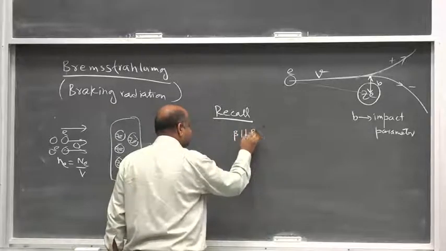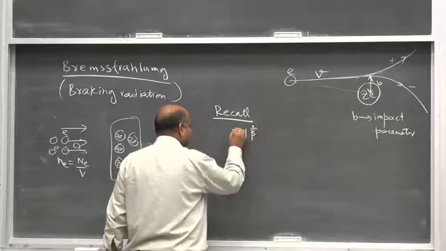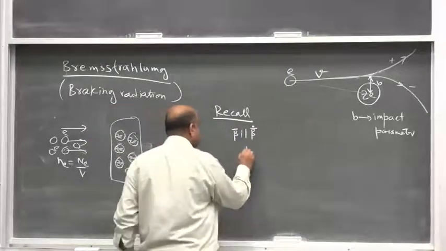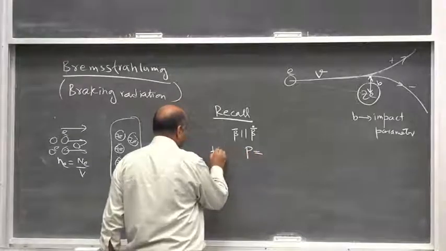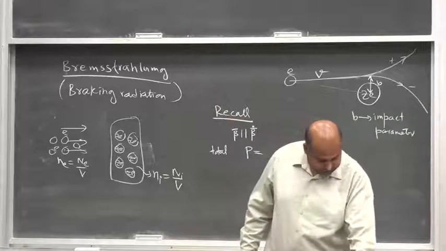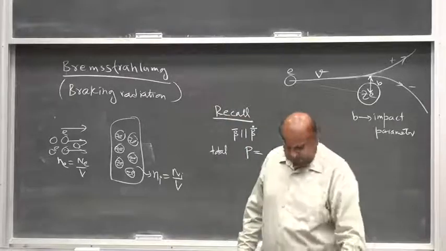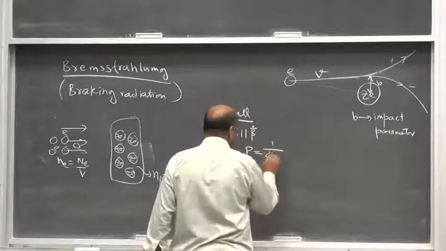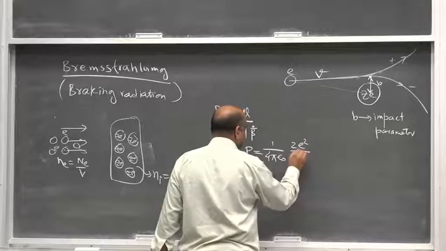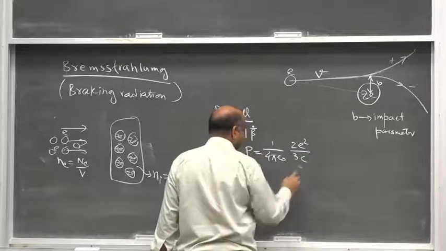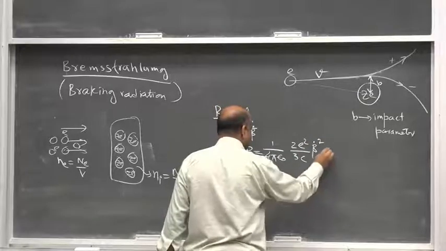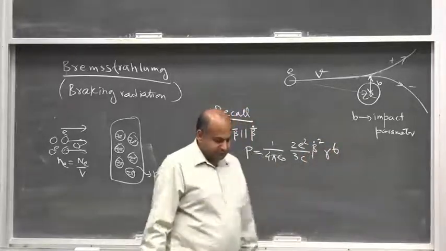When beta is parallel to the acceleration, then the total power emitted by the particle is 1 over 4 pi epsilon naught, 2 q square over 3 c, beta naught square gamma c.